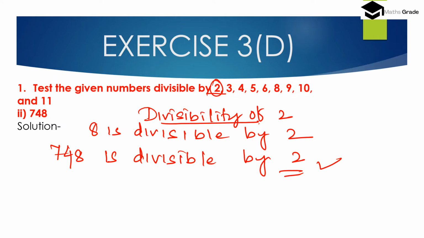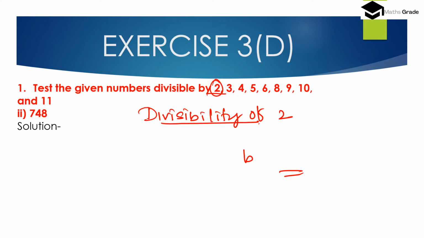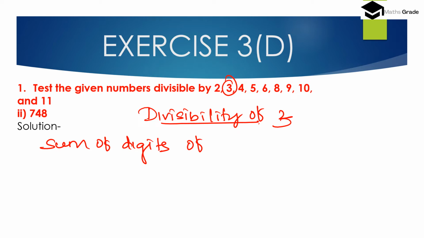Now we will check whether the number 748 is divisible by 3 or not. We know any number is divisible by 3 if the sum of digits, that is the digit sum, is divisible by 3. Sum of digits of 748 is 7 plus 4 plus 8. 7 plus 4 is 11, 11 plus 8 is 19.